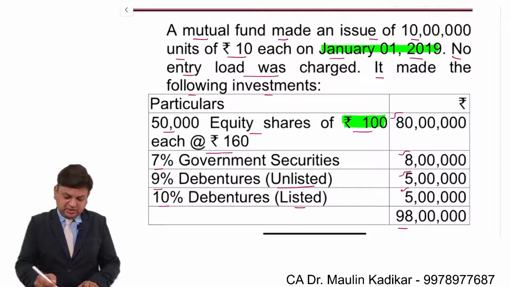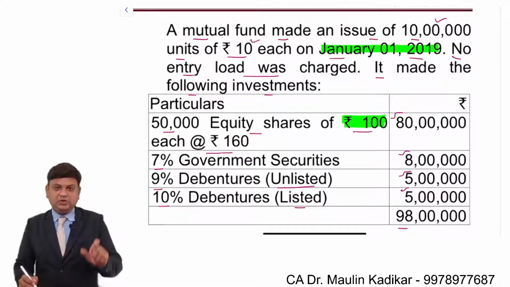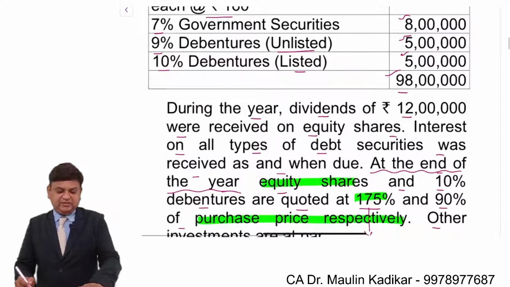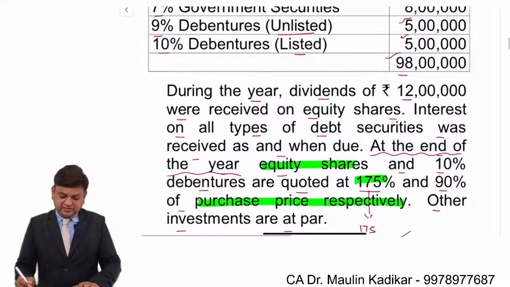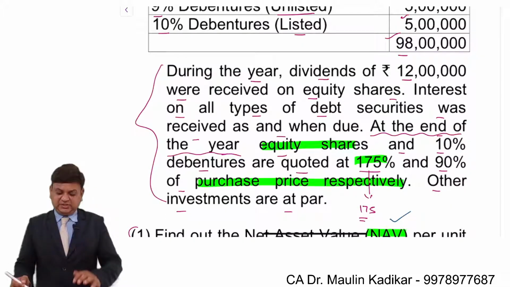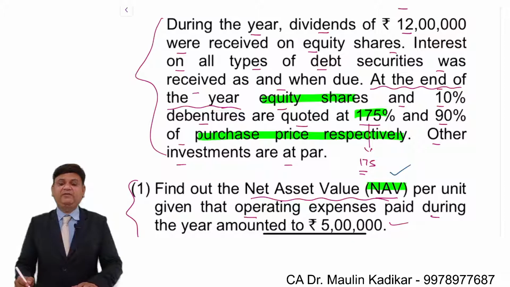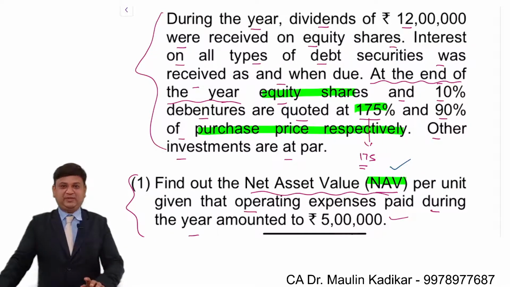Please use your calculator along with me. 10 lakh number of units into 10, so you receive an amount of 100 lakhs, minus the initial investment that you make, an amount of 98 lakhs. Then you receive the dividend income, you receive the interest income, minus the operating expenses of 5 lakhs. This is the way we will have the closing bank balance, and that is the first working note that we need to prepare.